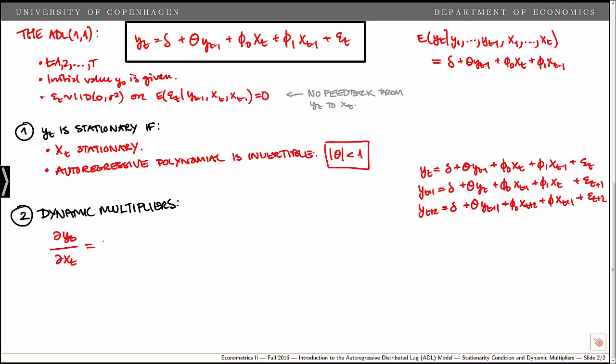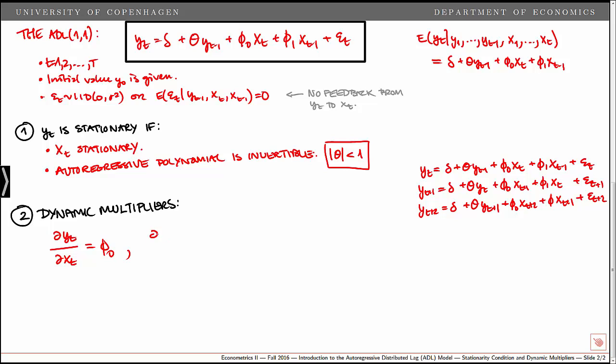And we note that from the equation over here, there's a direct effect with a coefficient of phi_0. So that's the first dynamic multiplier if we have a shock in x_t. So a shock to x_t will have an impact on y_t in the same period with a size of phi_0.